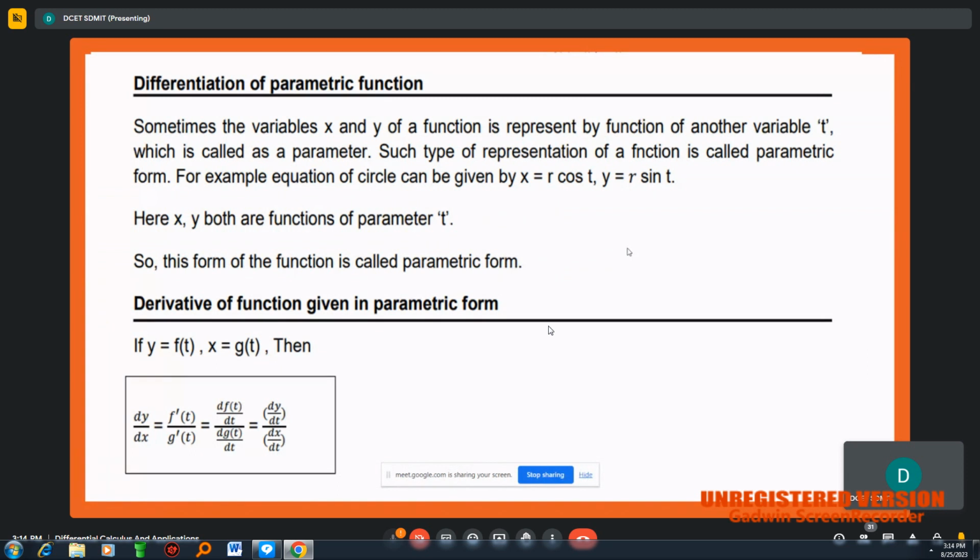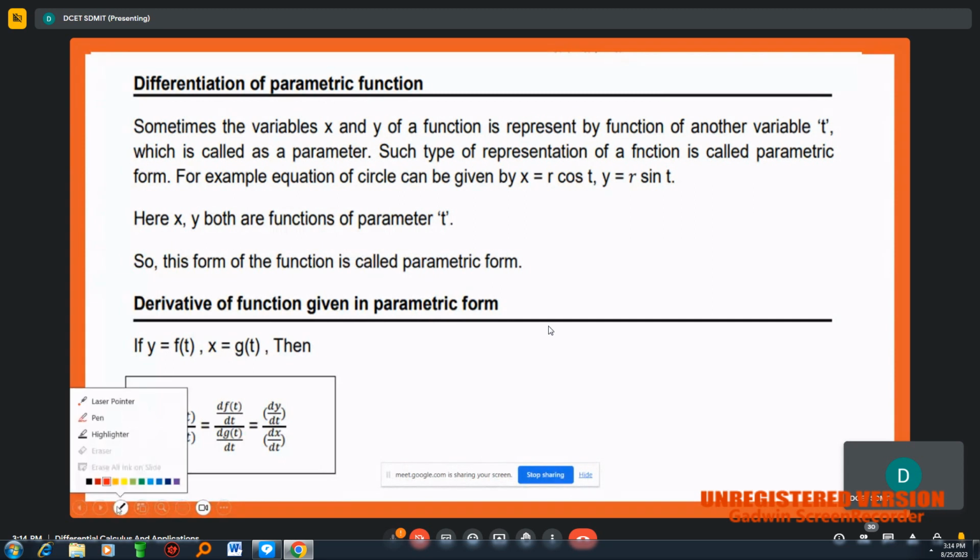Before starting the successive differentiation of parametric functions, what is a parametric function? Sometimes the variables x and y of a function are represented by functions of another variable t, or any other variable, which is called a parameter.